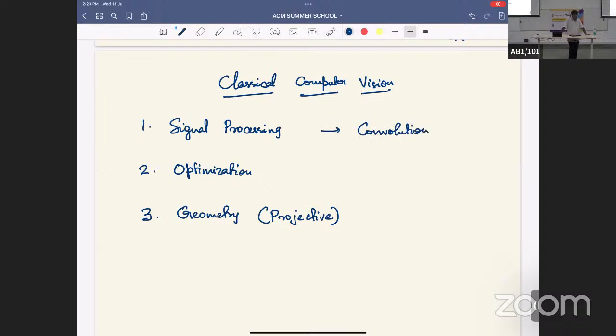And in geometry, there are three major tools which were used. One is: what is the relation between 2D and 3D? An image is a 2D quantity, but the actual scene is 3D. So how does any 3D point get projected onto your 2D image? Everyone got it?